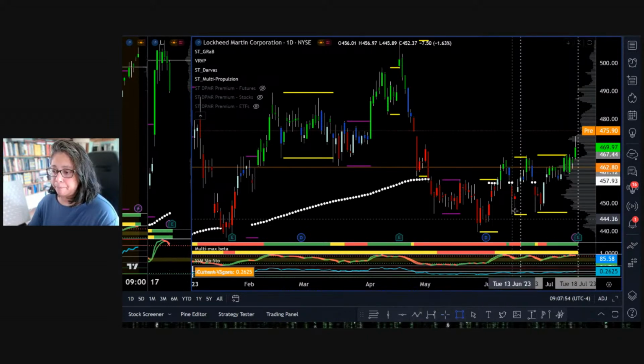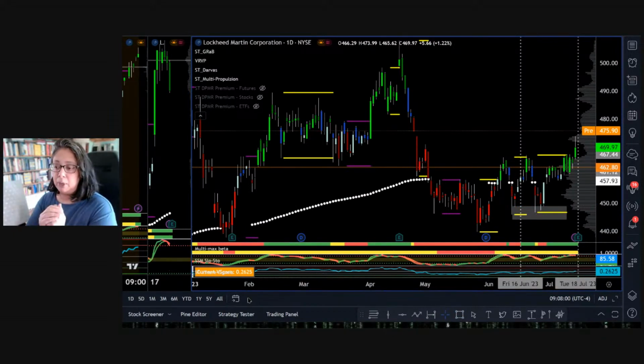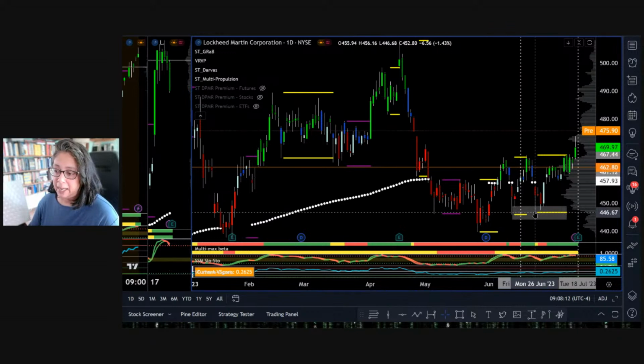Take a peek. If I've got Darvis support there and Darvis support there, do you see how, if I have a bullish bias on Lockheed Martin, which arguably I would if we've broken the 200, which we did, I'd be slightly more apt to buy. Notice that we can play as early as Monday the 26th and as recently as, say, the 28th or even the 29th of June.